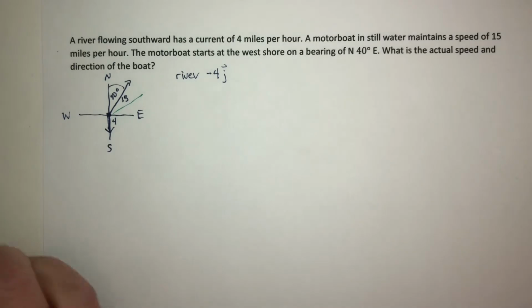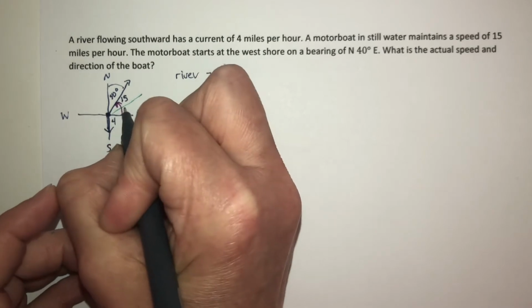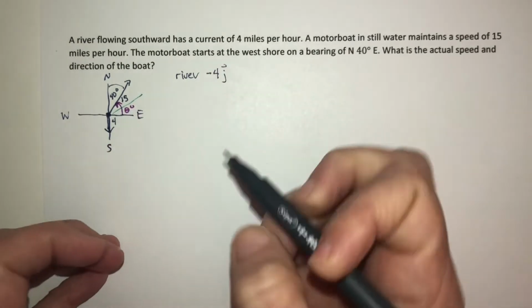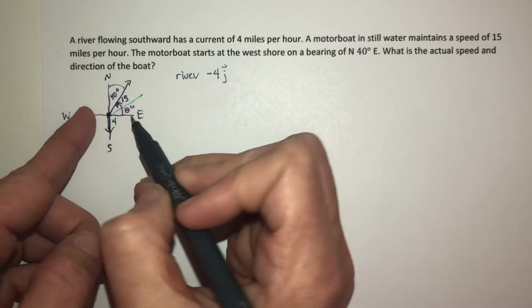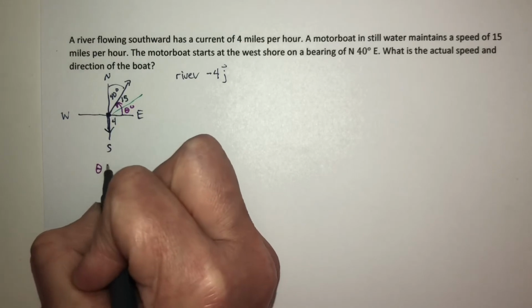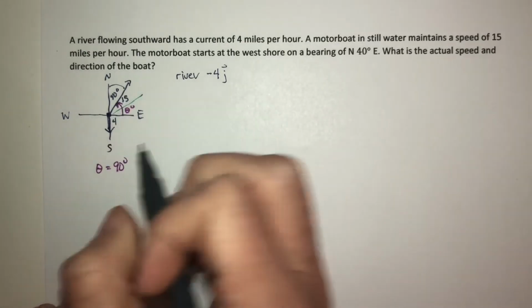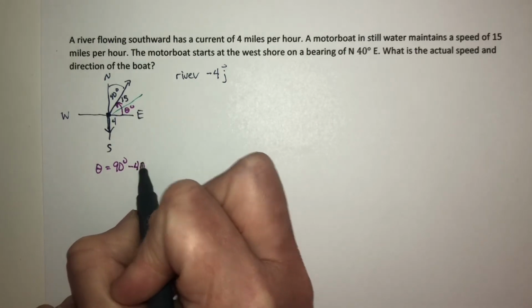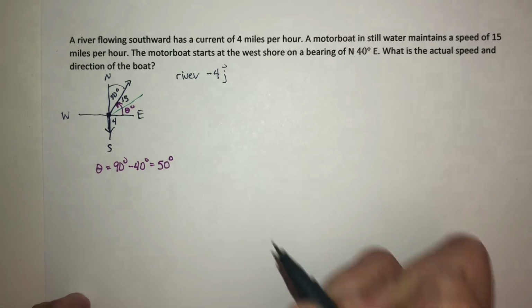Okay, so let's look at the boat. Now, we know that we have a formula if we have this angle value right there. Well, this angle and this angle are complementary. So to find the theta I need, it's going to be 90 minus 40. So that angle that I'm looking for is 50 degrees.